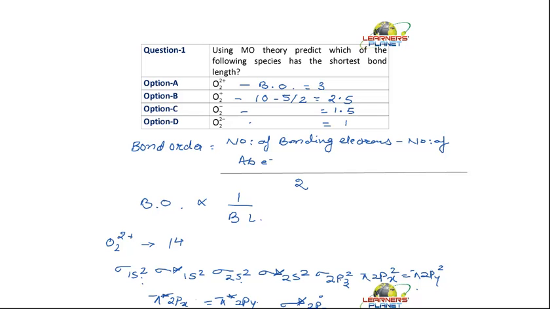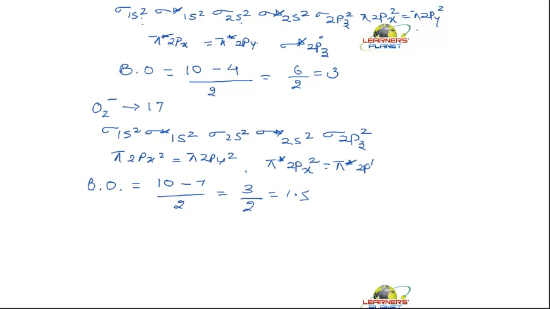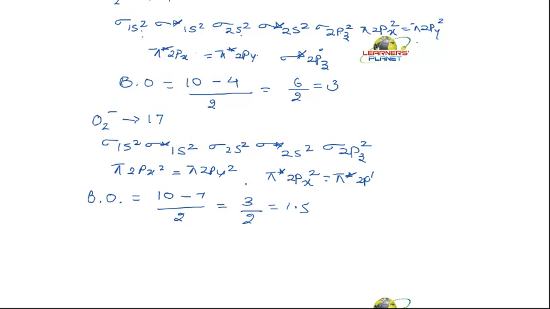The bond order will come out to be 1, right? So which has the highest bond order here? O2 2+. So which will have the shortest bond length? O2 2+, right?